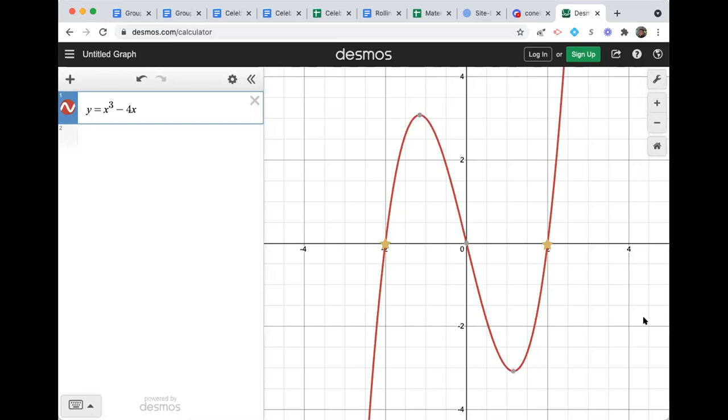Let's come back and let's do the algebraic way. All right, so let me clear these, exit out of the annotation, and reshare the original.